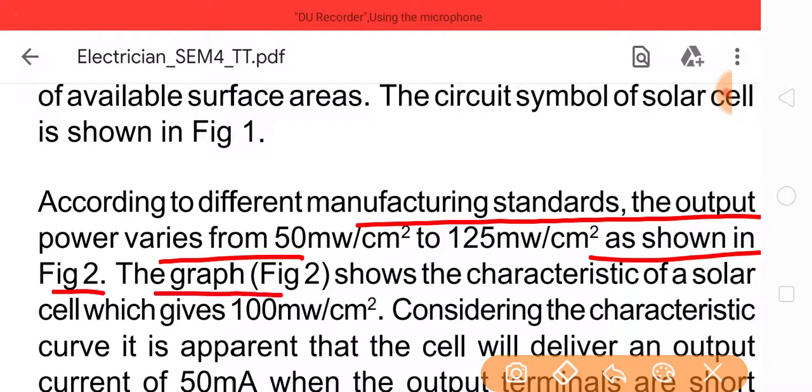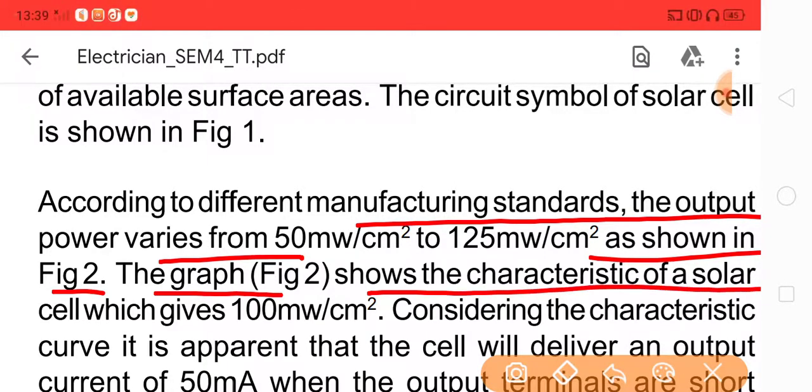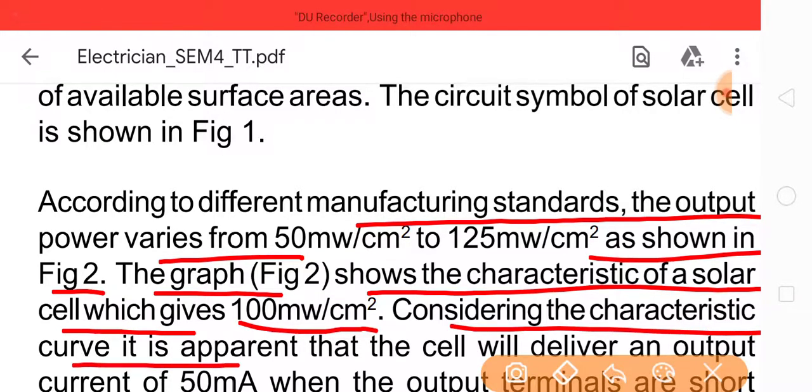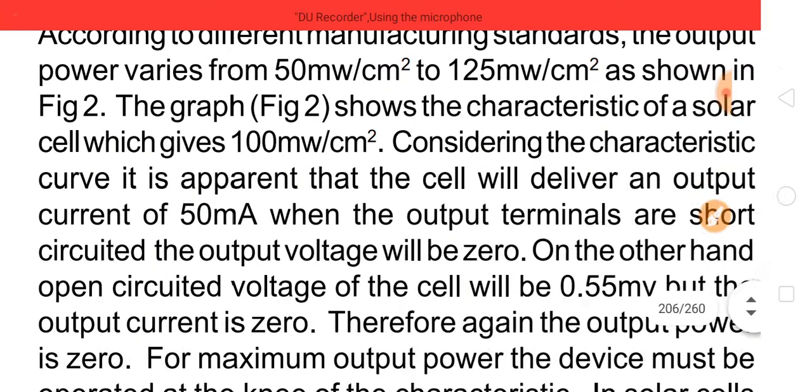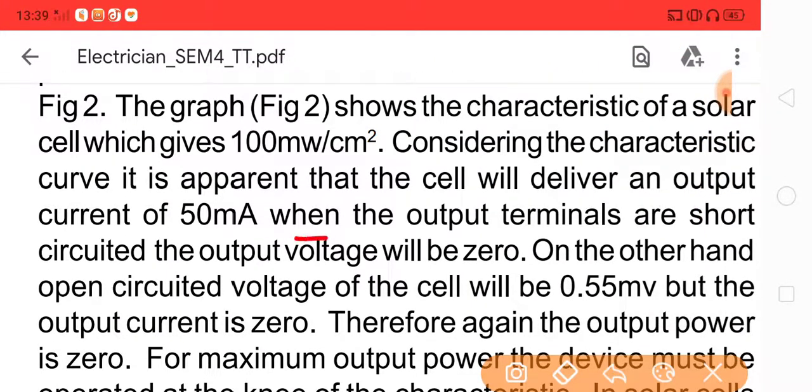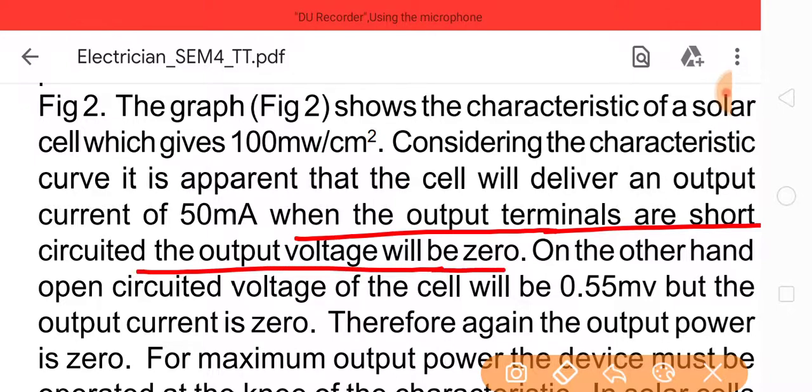The graph in picture 2 shows the characteristic of a solar cell. Considering the characteristic curve, it is apparent that the cell will deliver an output current of 15 milliamperes. When the output terminals are short circuited, the output voltage will be 0.